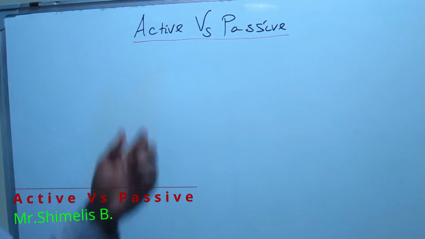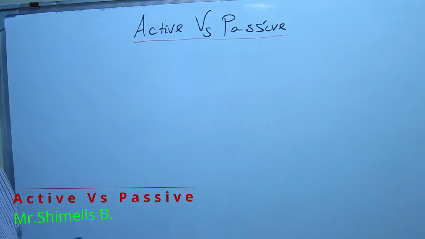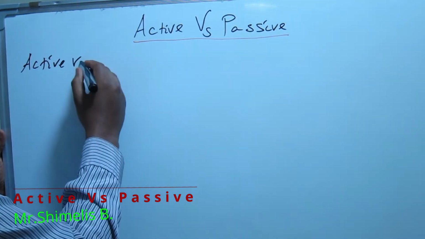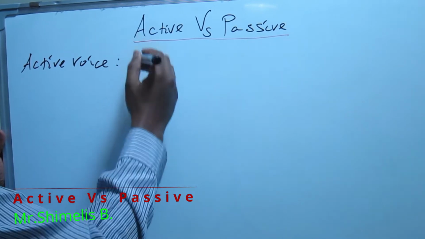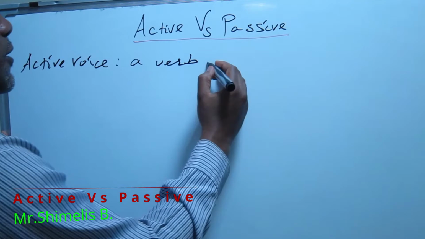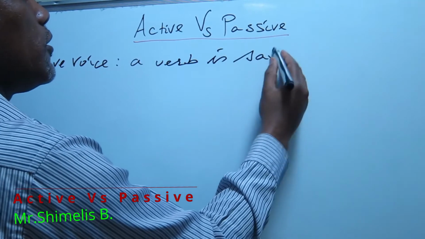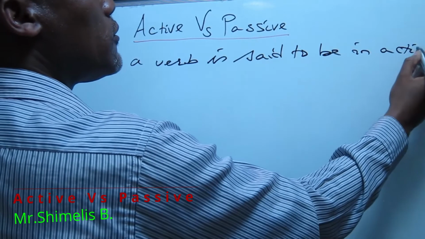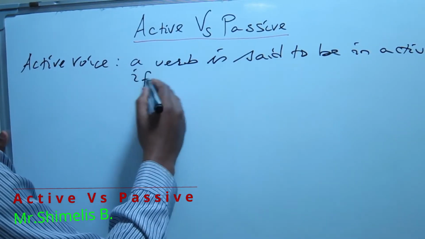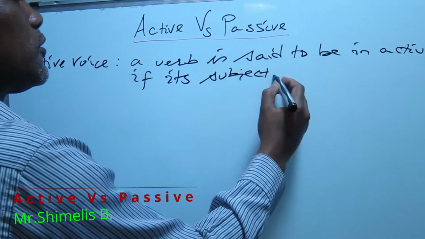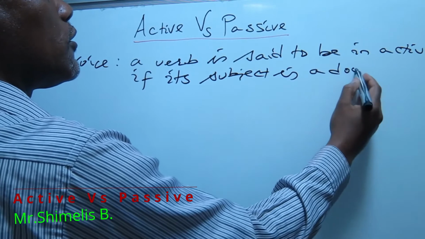Well, a verb is said to be in active voice if its subject is a doer.